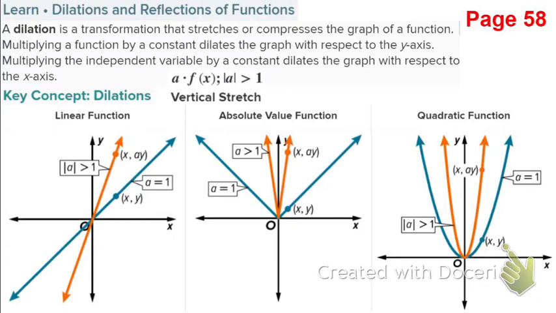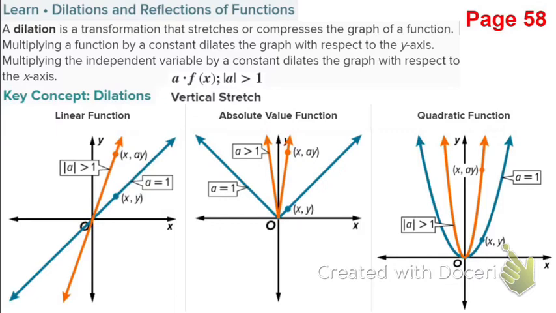That's going to happen whenever my A value is a number that is farther away from 0 than 1 in either the positive or negative direction. So if I see a whole number like 2 or -7, it doesn't matter whether it's positive or negative, it's going to be a stretch.